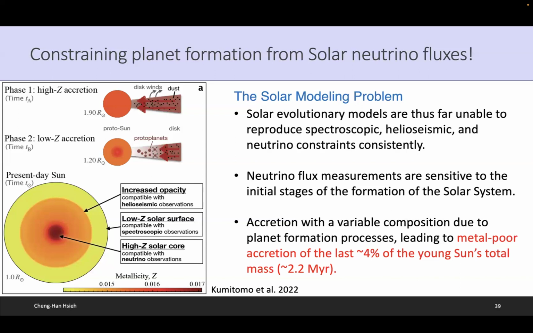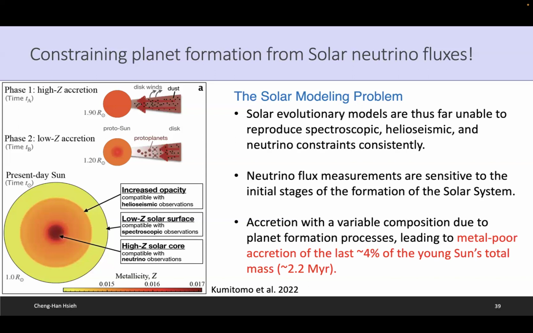So we have constraints to look at the time window for planet formation. We have constraints from our ALMA observations, looking at when the substructure starts to appear. That gives us a start time. And we can also look at the solar structure, the metallicity, the neutrinos, and spectroscopic and helioseismic data for our Sun, and then try to explain the metallicity gradient inside the Sun.